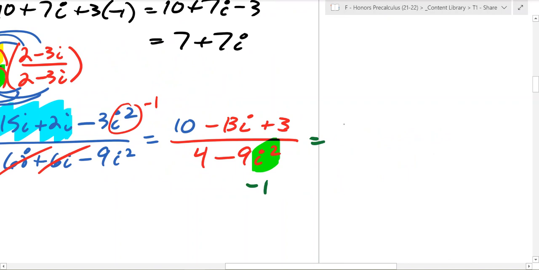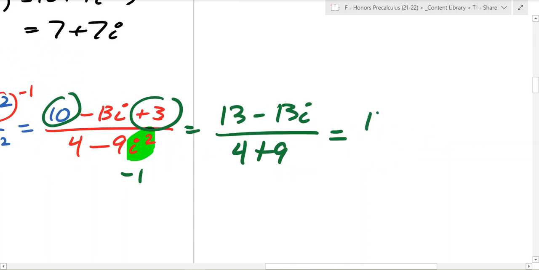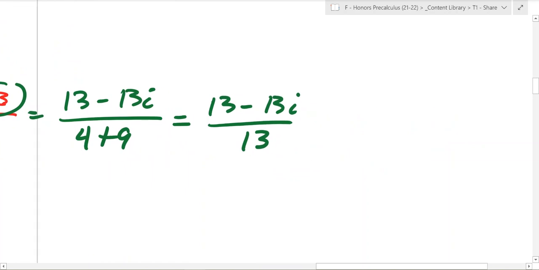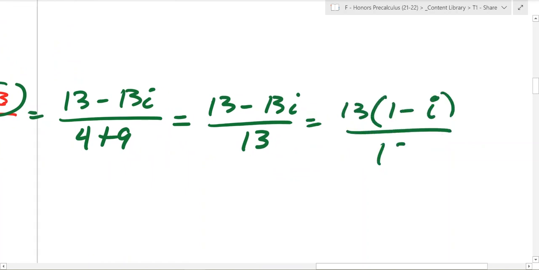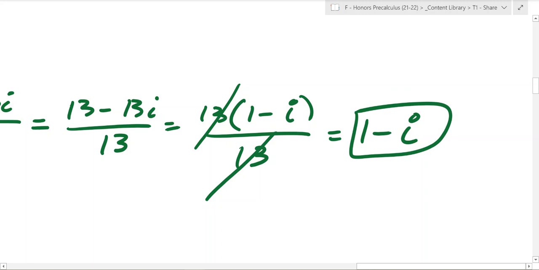So what do we end up with here? 10 plus 3 is 13, so we have 13 minus 13i over 4 plus 9. So that's 13 minus 13i over 13. What does that simplify to? Well, that's 13 times 1 minus i over 13. It cancels all the way to 1 minus i. It's really cool when that happens. It's not always that nice, but in this case it is.